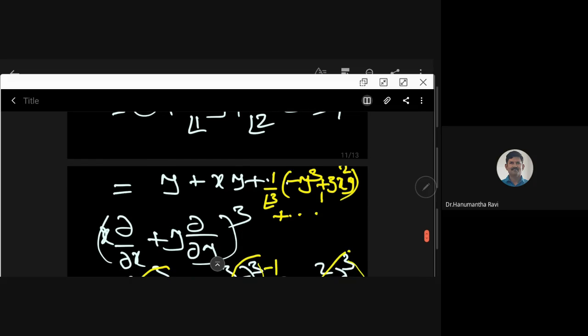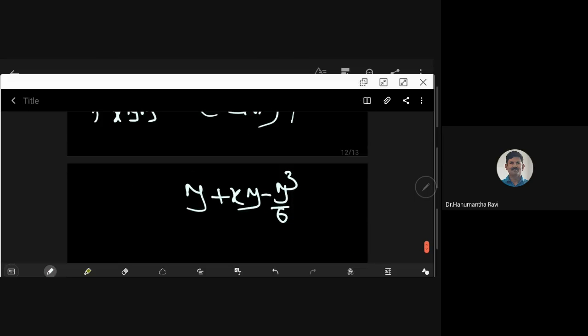One more term, 3x square y, factorial 3 is there, so x square y by 2. Here you have f of x, y plus etc.